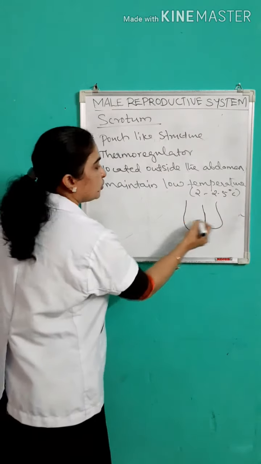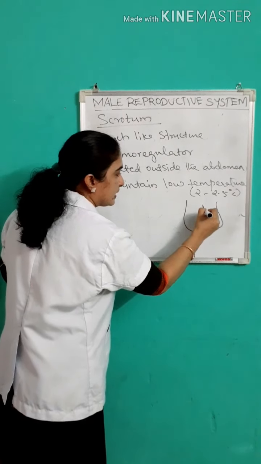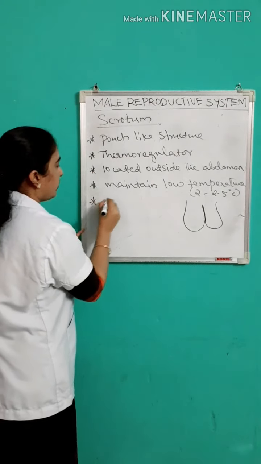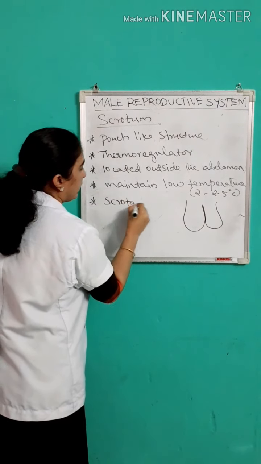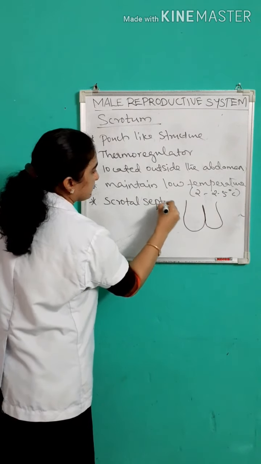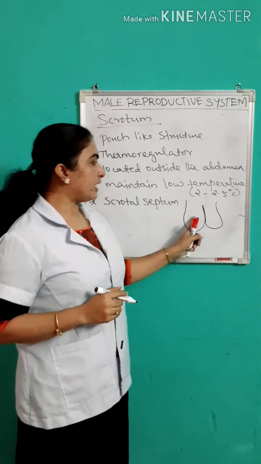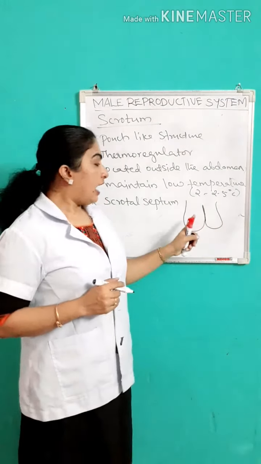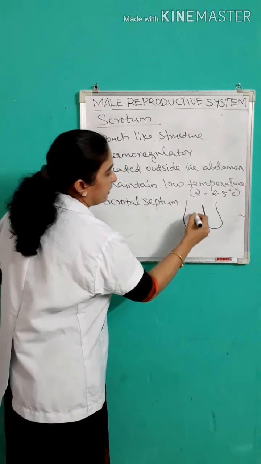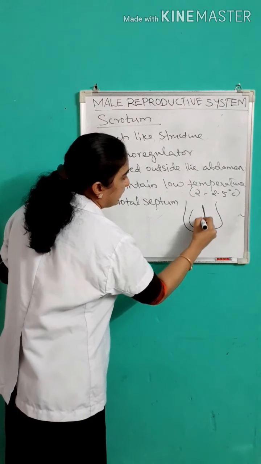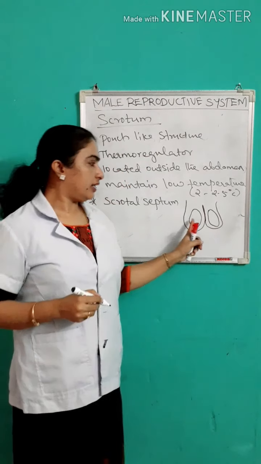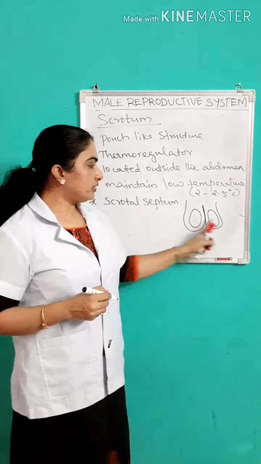These two sacs or compartments are separated by a partition, a thin membrane, which is known as the scrotal septum. So the scrotal septum separates these two sacs, and each sac holds one testis.